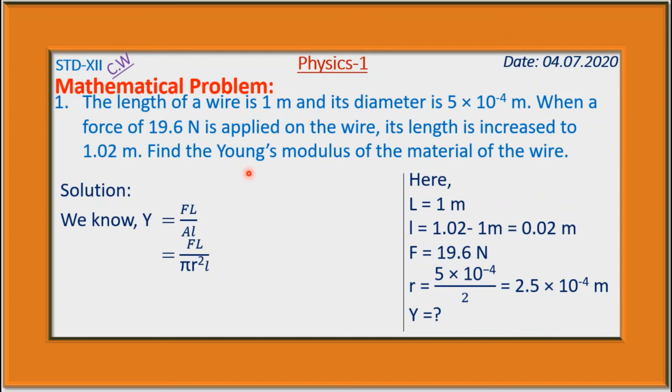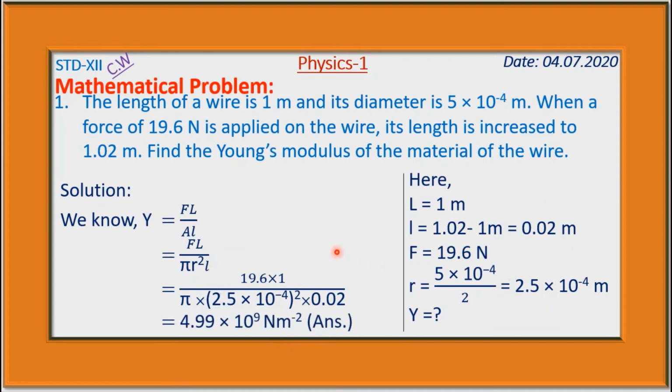So the area of the wire A is equal to pi r square, and Y is equal to, here force is equal to 19.6 Newton and L is equal to 1 meter, pi, and the radius 2.5 into 10 to the minus 4 meter, that is, 2.5 into 10 to the minus 4 whole square into 0.02. Here small l is the increase in length, and this is equal to 4.99 into 10 to the 9 Newton per meter square. This is the Young's modulus of the material of the wire.